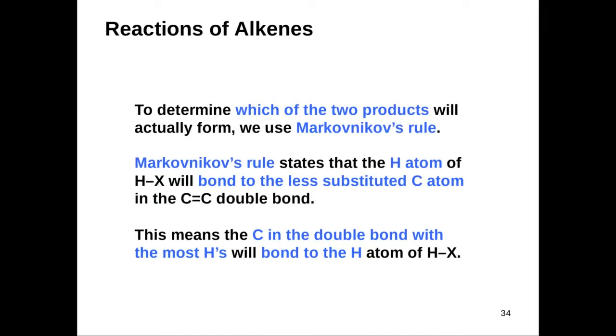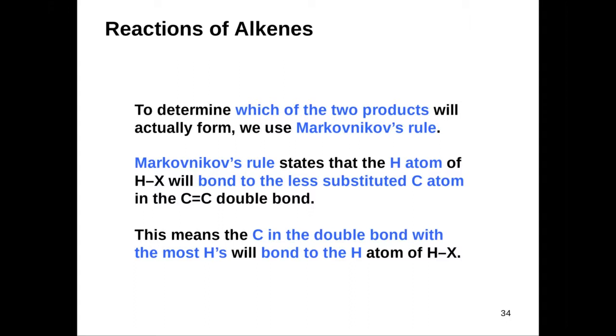Now, we're going to introduce a brand new rule. It's not like a cool law or anything like that, but it's a rule. It's called Markovnikov's. There we go, Markovnikov's. Russian names are hard to say, okay?